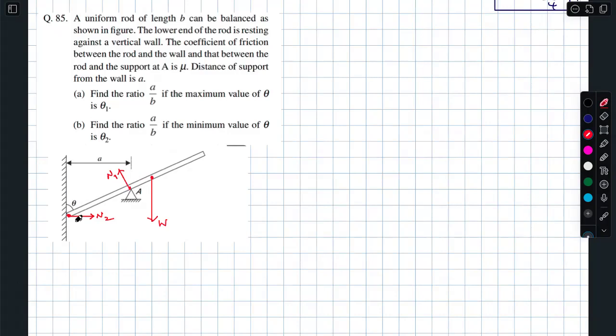Suppose I choose a point like this, I assume one friction here, mu N2. One more friction on the rod, mu N1. But no one informed me that's the direction, but I'm assuming it like that. Suppose if I am wrong, I'll get a negative value, no issues.